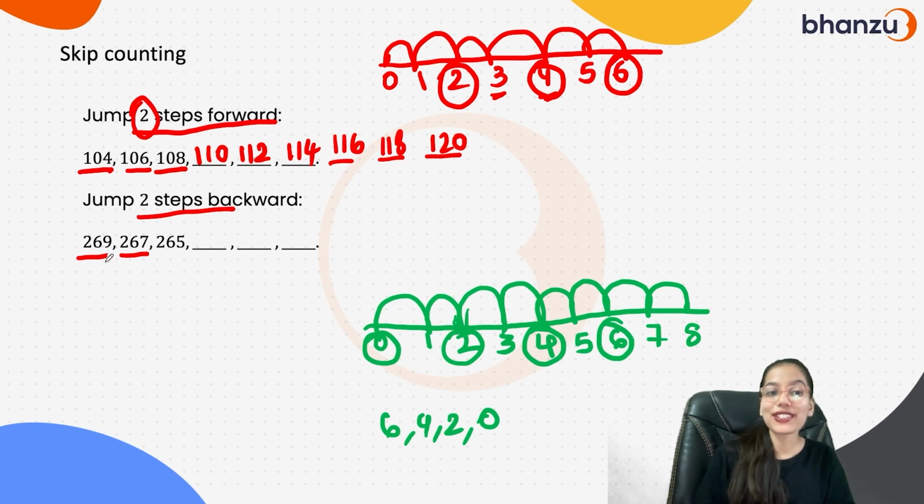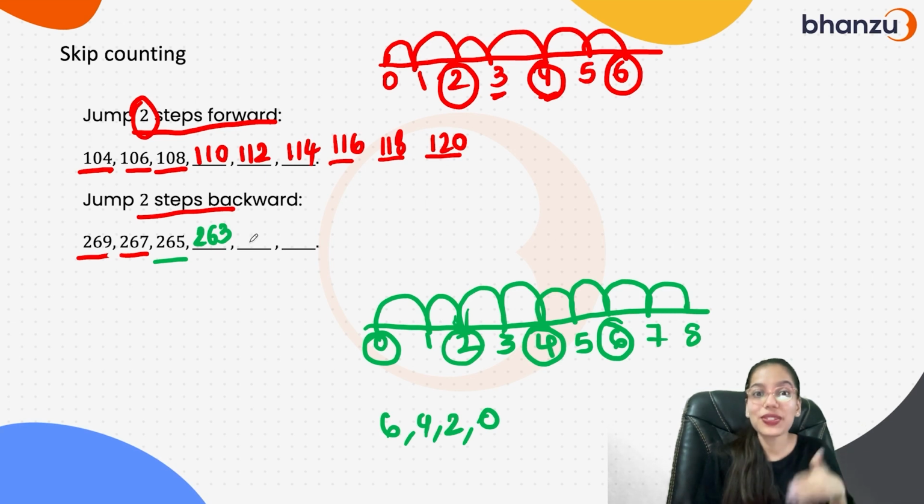We have 269, 268 is not given, 267 is written. We did not write 266, we wrote 265. So when you step one more step backward, what do you get? 264. We'll not write that, we go one more step backward, we get 263. Very good.